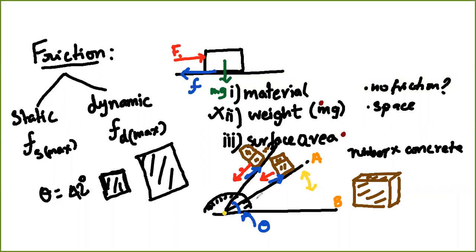But he shows that the theta value, within experimental error of plus or minus 1 degree, works out to be exactly the same. So therefore, the conclusion is that the weight or the mass of the objects and the surface area actually, counterintuitively, do not matter.